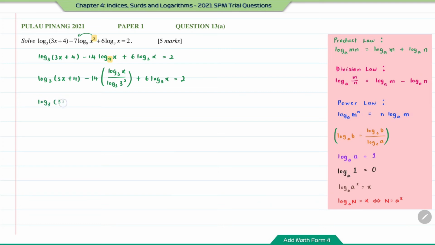So next, for these parts here, the log base 3 of 3 squared will give you the value of number 2. So this 14 and this number 2, we can simplify it. Dividing by 2, this 14 will get 7. Therefore, here we'll have negative 7 times log base 3 of x.